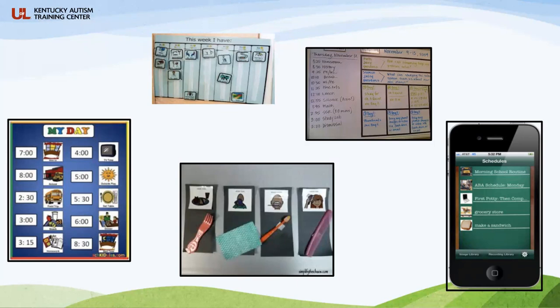You can see here some more complicated, the more typical picture schedules that we think of. I would not put times on the left. I mean, if you know that those activities start at that time every single day, then great. But I have found through experience that when you put times on the schedule, if it doesn't start right at that time and they can tell time on the clock, then you may have another type of challenging behavior because the schedule says that's what's going to happen.